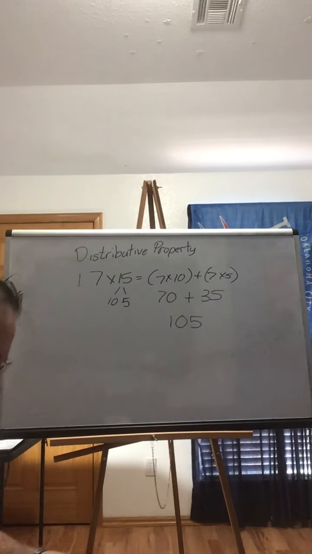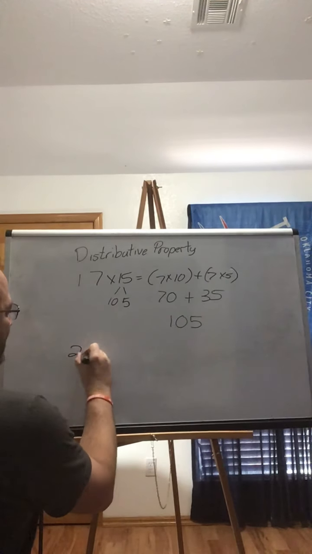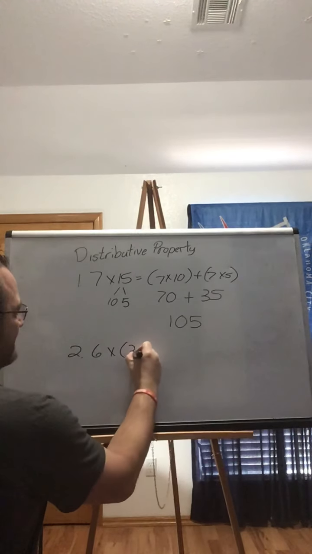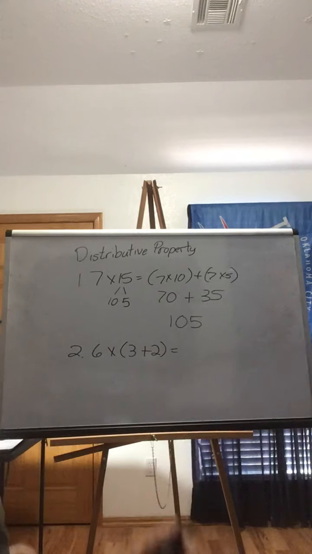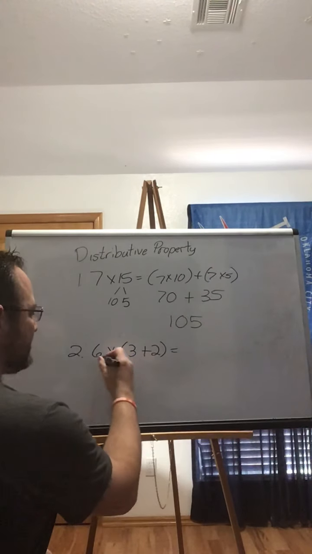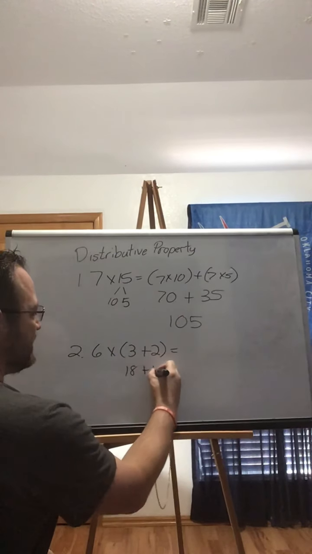Before I go any further, they've also got another way that they do it. I've seen problems like this: 6 times, parentheses, 3 plus 2, equals. Well, the way to work that problem out is to do the 6 times 3 first. 6 times 3 is 18. Then 6 times 2 is 12.